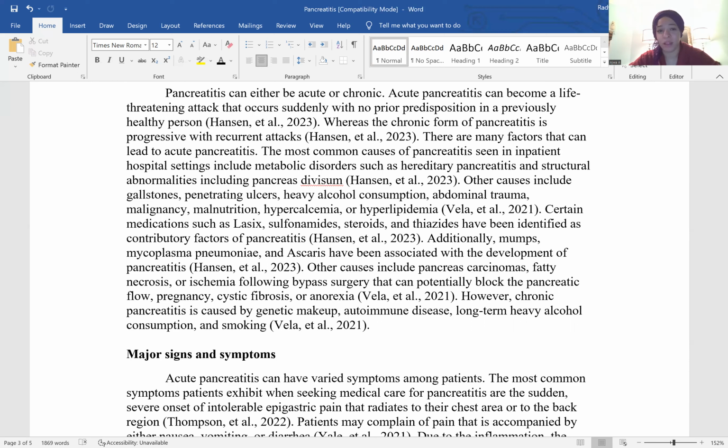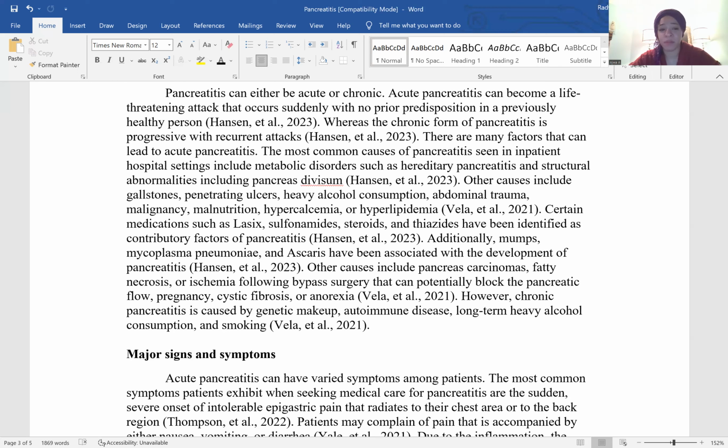Other causes include gallstones, penetrating ulcers, heavy alcohol consumption, abdominal trauma, malignancy, malnutrition, hypercalcemia, or hyperlipidemia. Certain medications such as Lasix, sulfonamide, steroids, and thiazide have been identified as contributory factors of pancreatitis.